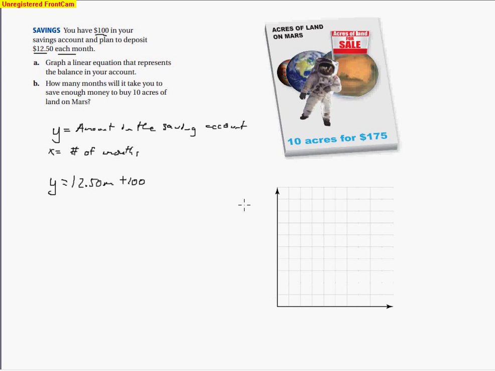So on the graph, I'm going to say amount, dollars in savings account. So I'm labeling my y-axis, and then I'll label my x-axis months. And when I look at this, I'm going to go up by, I think I'll call this 50 right here. Now let's see if that works, if I can put that number in there, 100.